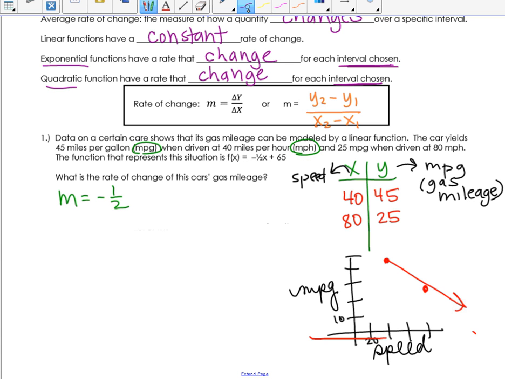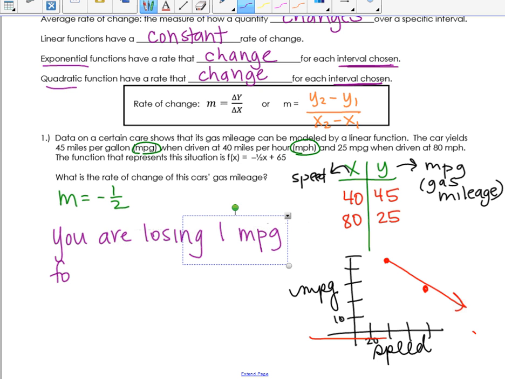So in the context of this specific slope of negative 1/2, remember it's change in y over change in x, you are losing 1 mile per gallon for every 2 miles per hour you increase your speed.